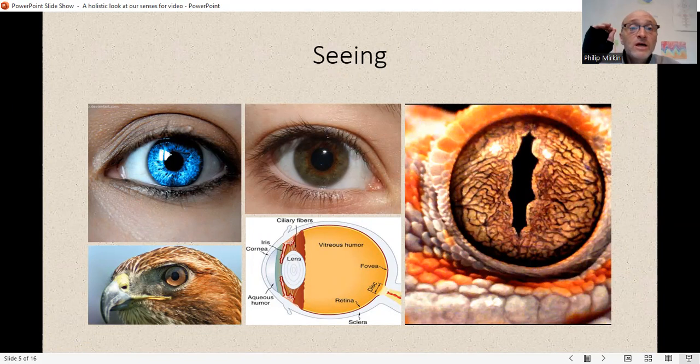And there it results in a chemical and nerve electrical change in the rods and cones, these light detecting parts of the retina. And of course, as usual, it turns into a nerve impulse, gets sent down into the relevant parts of the brain. And so we get to see a picture, but it's obviously much more complex.